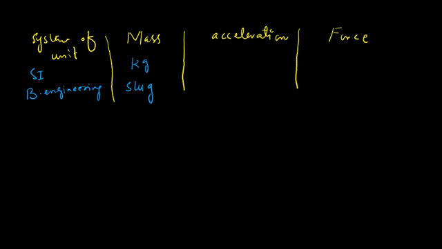Acceleration in the SI system is measured in meters per second square, and in the British engineering system in feet per second square. The unit of force is Newton, and 1 Newton in the SI system is equal to kilogram meter per second square.